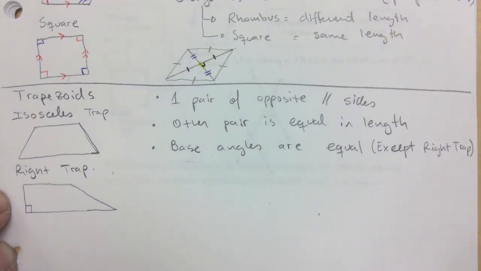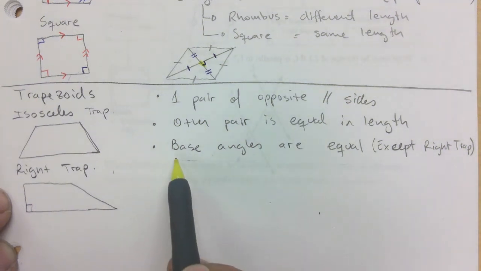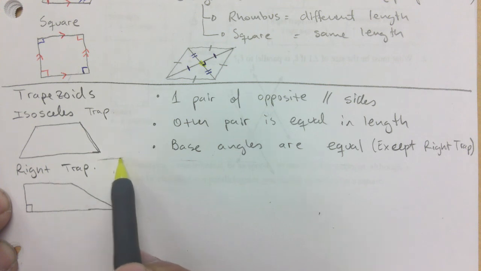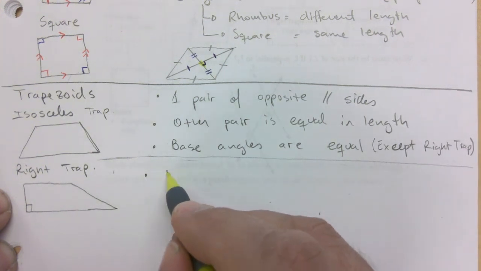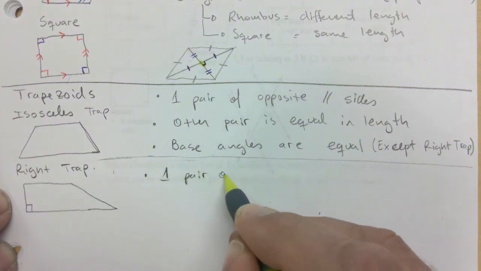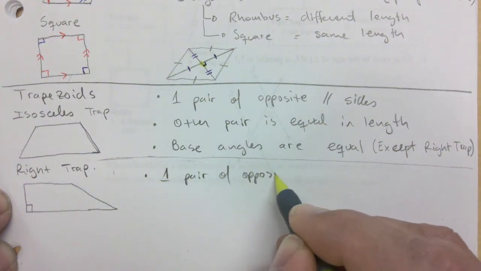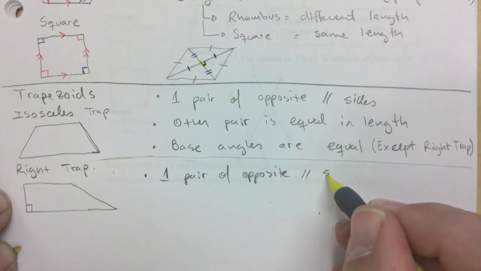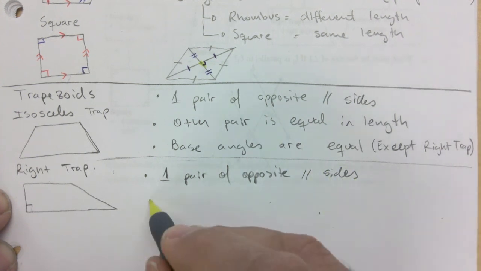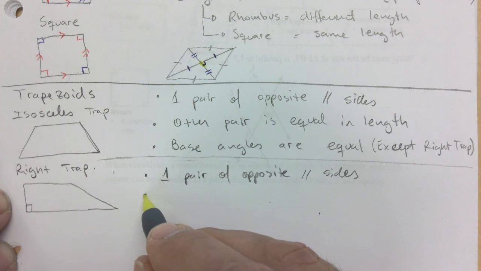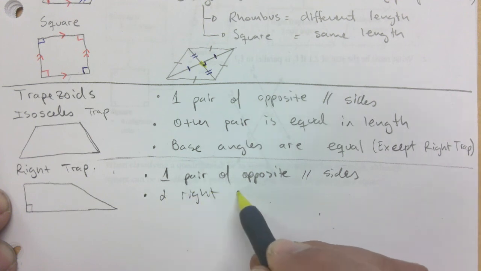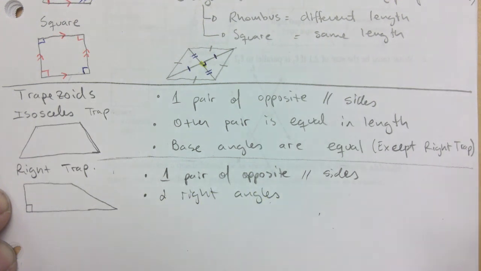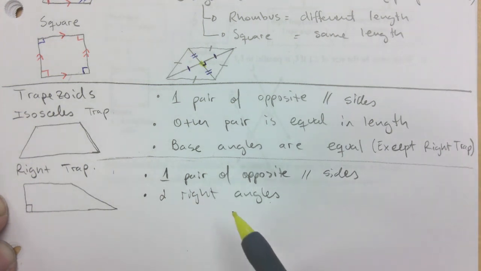So maybe what I will do is, see, my summary makes it maybe even worse. I'll just make another one here. One pair of opposite parallel sides. Two right angles. That's it for the trapezoid.